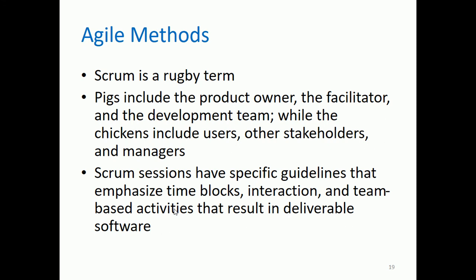Actually, this concept is not used anymore because it's somewhat derogatory or demotivating, specifically if you are classified as a chicken. You could say, how am I going to help in the project? I'm just a chicken. I'm only involved. I'm not committed. So that's why the pigs and chickens concept is removed in the Scrum framework.